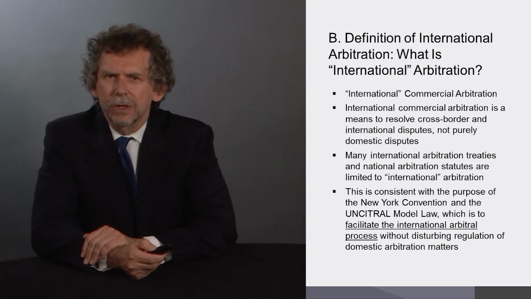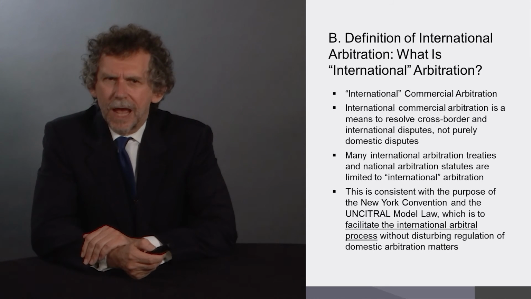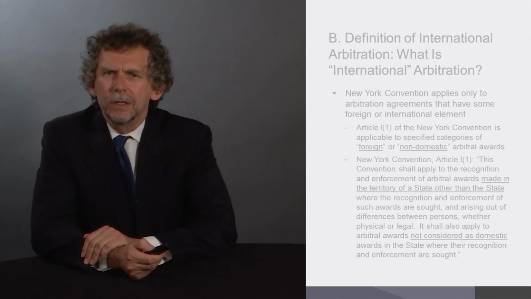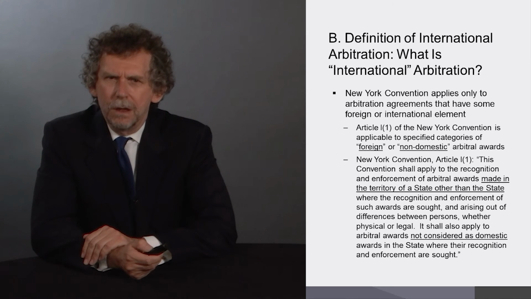In many countries, there are different statutory regimes for, on the one hand, international arbitration and, on the other hand, domestic arbitration. We can see this, for example, in the New York Convention, the United Nations Convention on the Recognition and Enforcement of Foreign Arbitral Awards, not domestic arbitral awards, foreign arbitral awards.